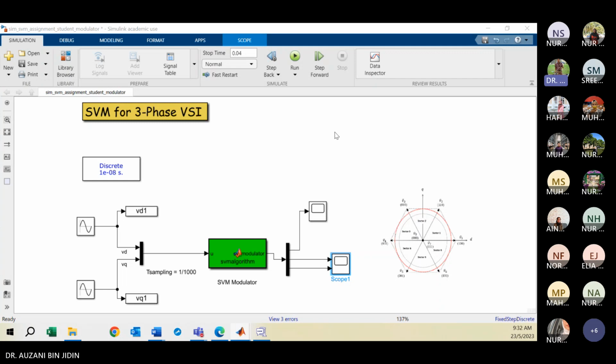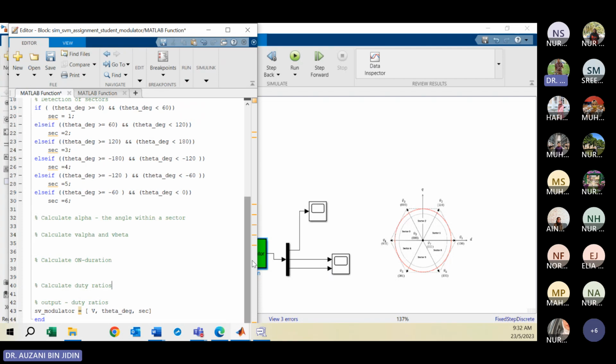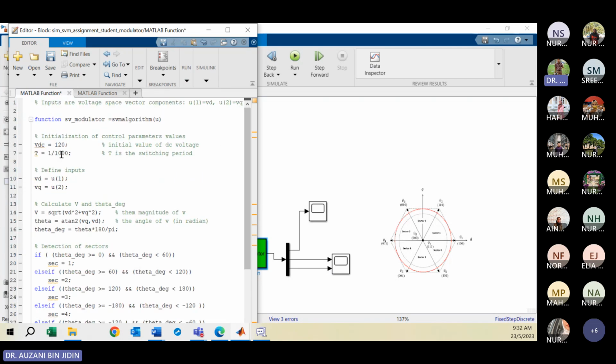Okay, error. Alamak, ada error. Why have error? It's not assigned. Okay, let me try first. Sector. Here, sector is okay. So maybe you need to initialize the value of sector. So let me try first. 0. Okay, maybe 1.